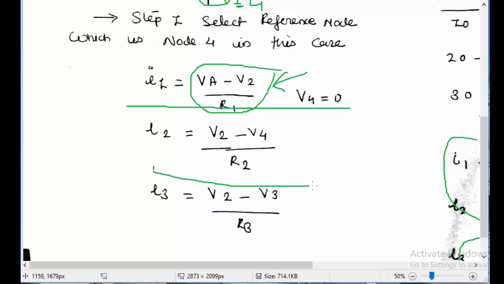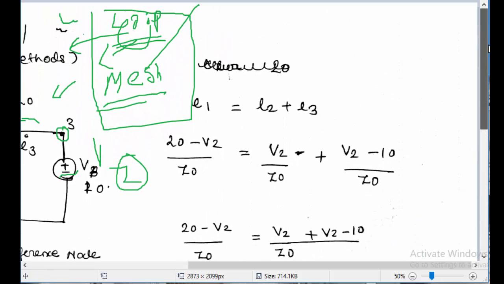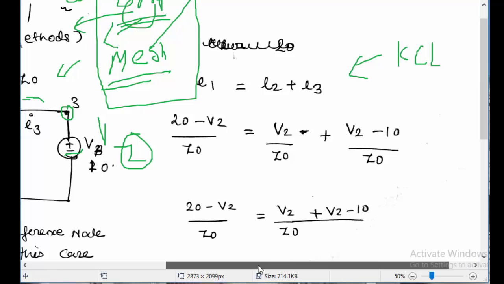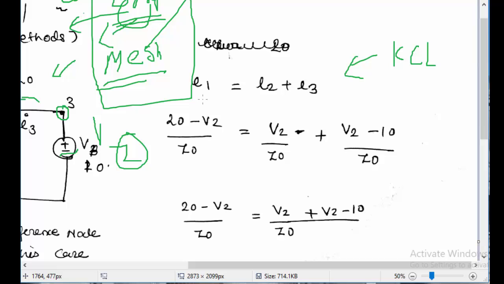The current I2 can be written this way, and current I3 can be written this way. Then, further solving by applying the KCL at this node, that is node 2, it is found that I1 is equal to I2 plus I3.